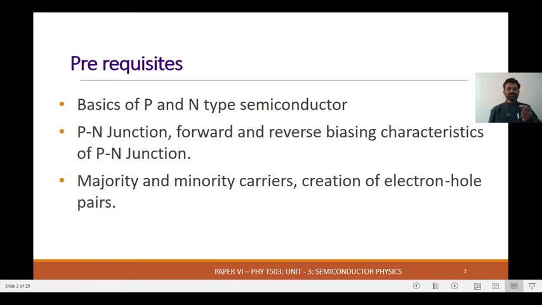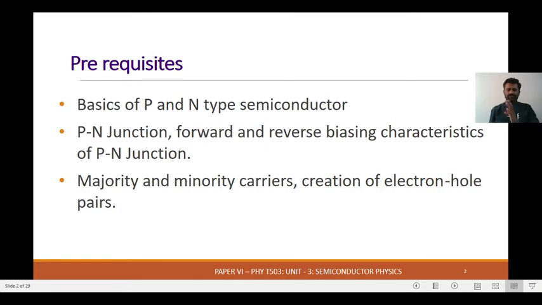Acceptor impurities are trivalent impurities, examples being indium, gallium, aluminium and boron. They have three valence electrons in their outermost shell.